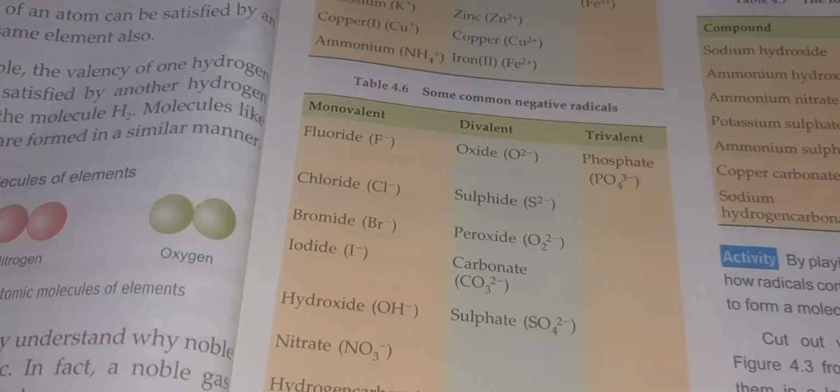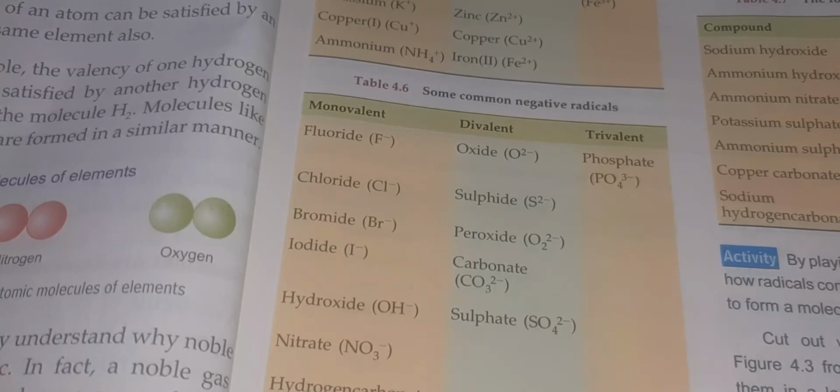You have to learn all these positive and negative radicals, because on the basis of this only we will be able to write the formula of the compound. As already discussed in the class, we are crisscrossing the valencies to write the formula.